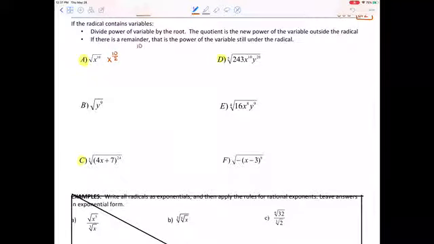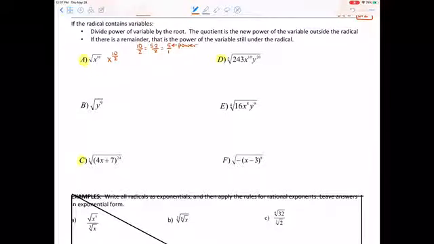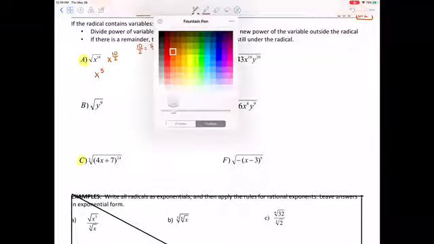Now, the fraction 10 over 2 reduces to 5 over 1. So that means 5 is going to be our power and 1 is our root. And we don't really have to worry about a root of 1, it's just the number itself. So this simplifies to x to the 5th power. So that's one way you could go about doing this.